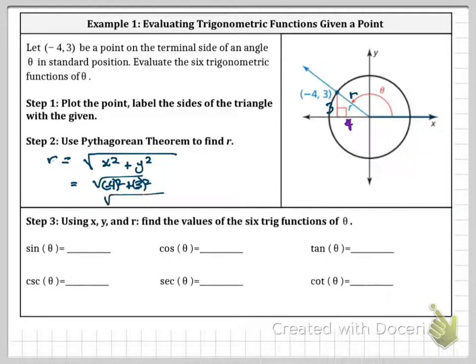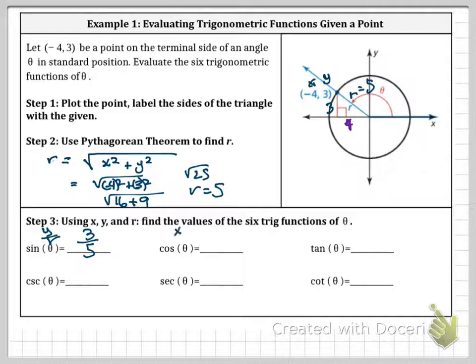So -4 squared is positive 16, plus 3 times 3 is 9, so this is the square root of 25, or r is 5. So now thinking about the ratio, we know sine is just y over r. So y in this case is 3 over the radius of 5, and I can even mark this as x, this is y to help me along.